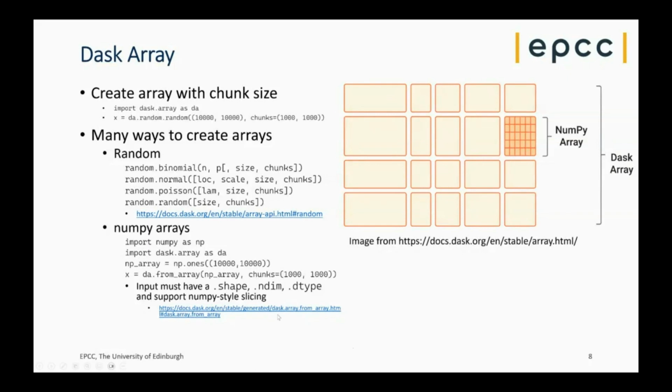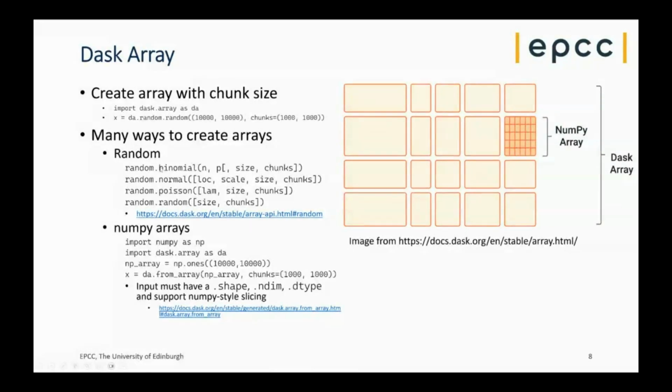We've got an example piece of code up here where we import Dask array, and then we create a random array. This one here is 10,000 by 10,000, and we specify how we distribute that across workers. So I want to distribute it in chunks of 1,000 by 1,000. So that, unless my math fails me, should give us 100 chunks for 100 workers. We don't necessarily have to use 100 workers, but it gives us scope to use up to 100 workers.